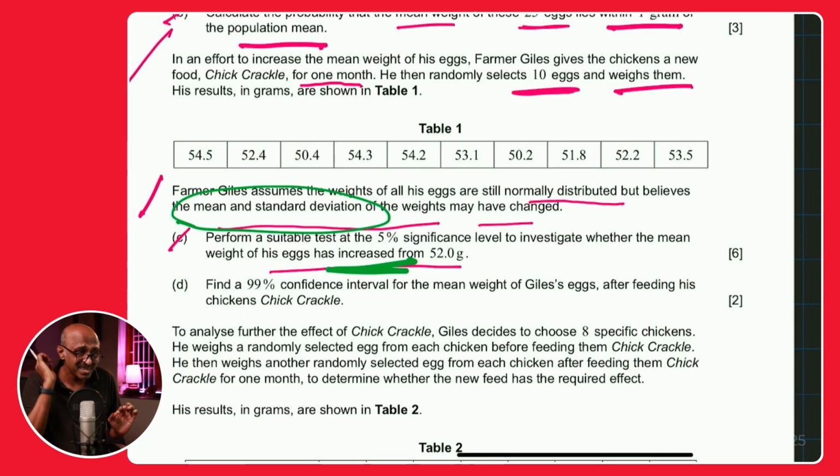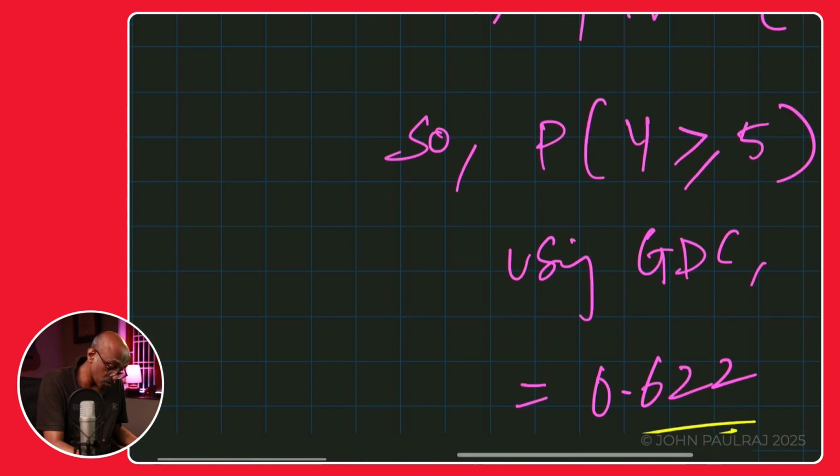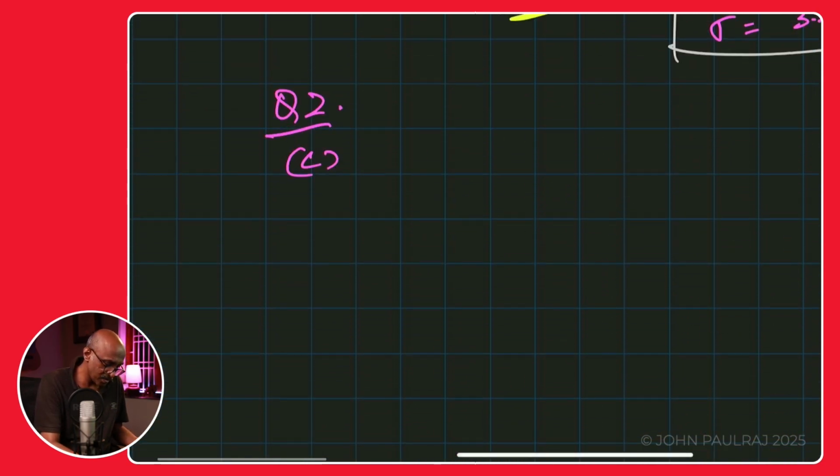The first thing I see is that children jump to the calculator. Read the question and answer, because they're going to mark you based on what you've written. Perform a suitable test at the 5% significance level. It's a 6-pointer, and you can write down what test you're going to use, so the examiner knows what you are going to do.